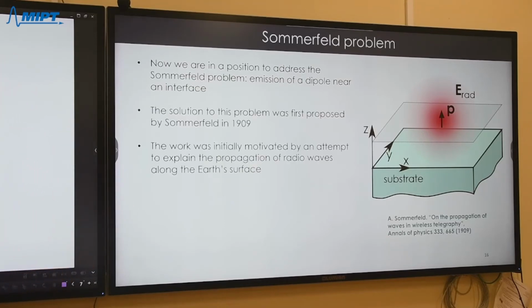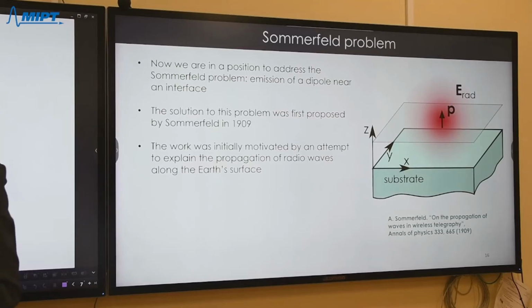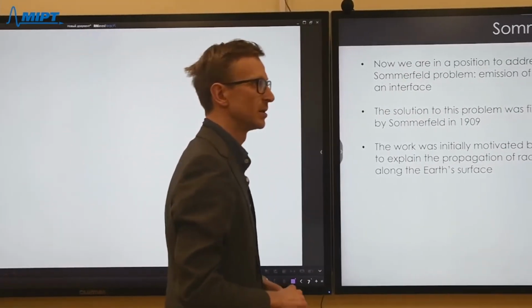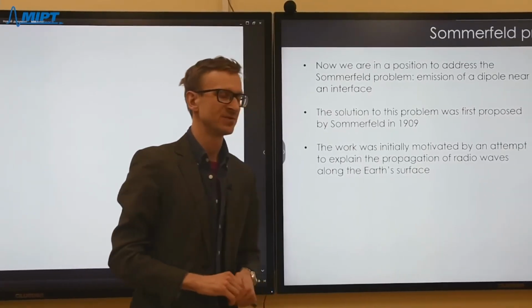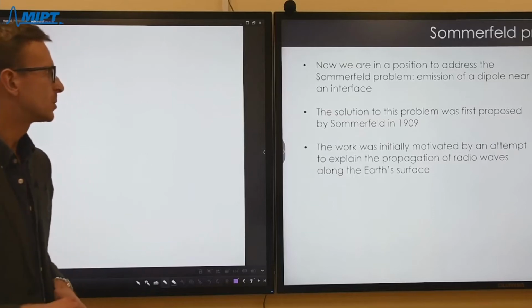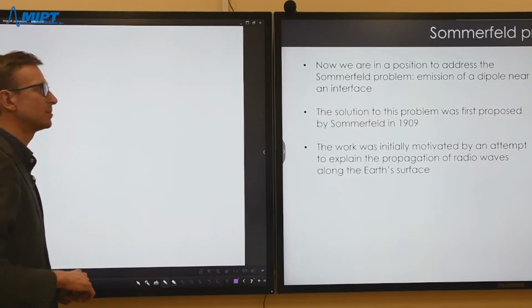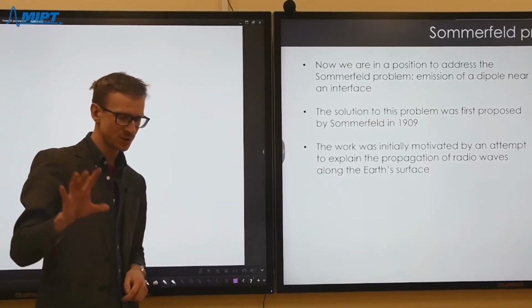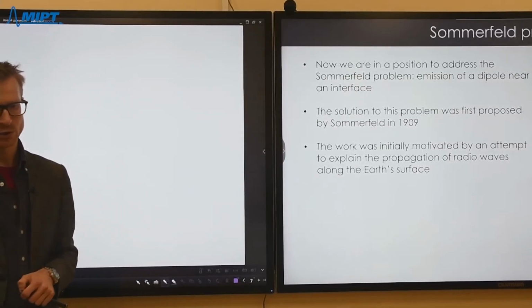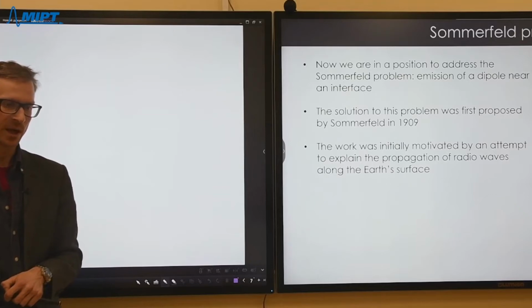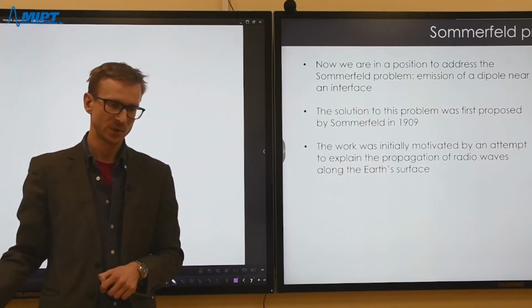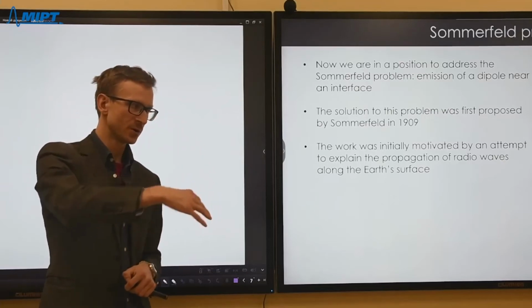The problem has a very curious history, and I think I mentioned that already a few lectures ago when we were discussing the problem of surface waves. It was originally addressed by Sommerfeld in 1909 in relation to radio wave propagation in the atmosphere, and the question of how radio waves can propagate along the surface of the curved Earth over the horizon.